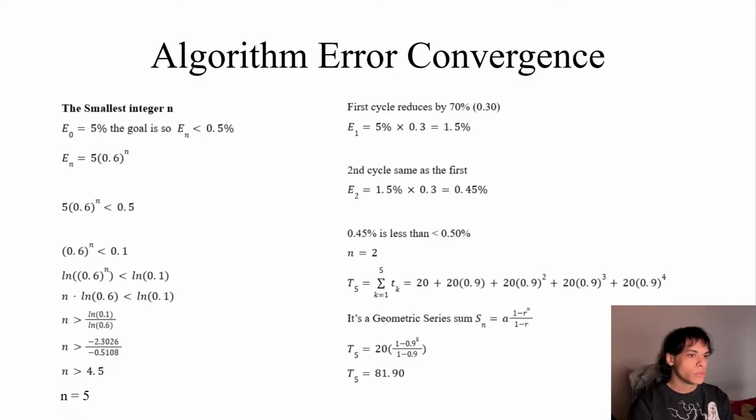Sum. So S_n is equal to a times (1 minus r to the n) over (1 minus r). And so to just add this up, and to get the t, time required per cycle, per 5 cycle, per cycle.